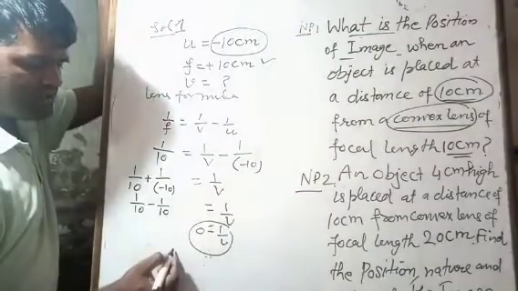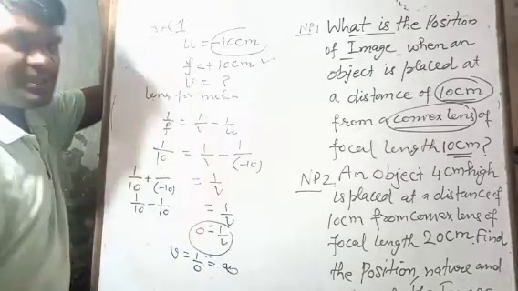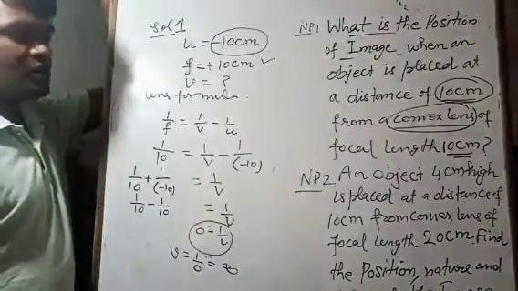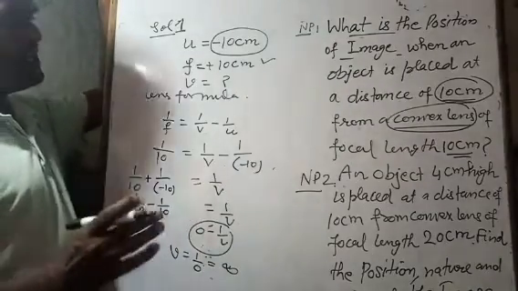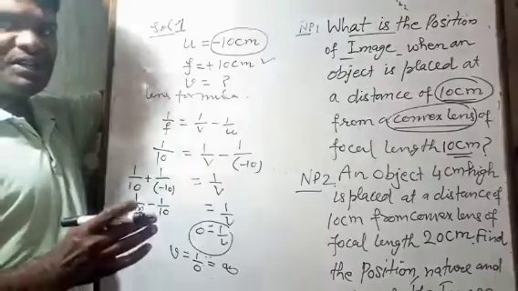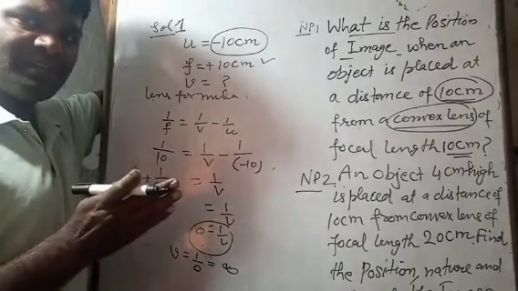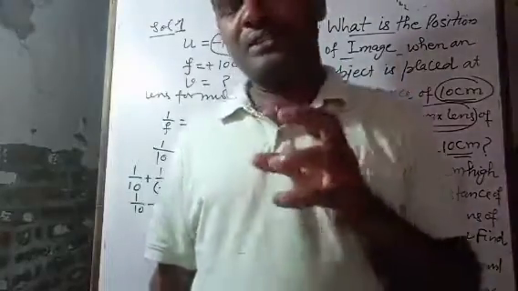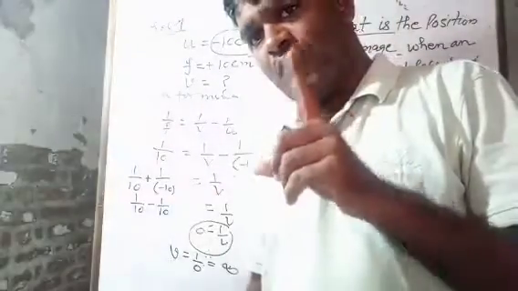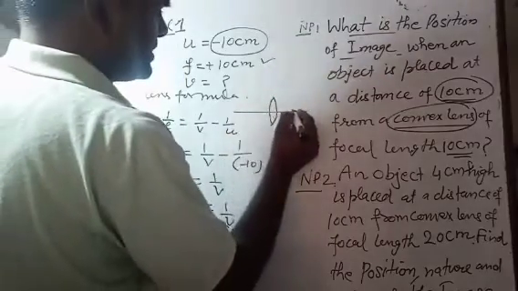If 1 by v is equal to 0, what will be v? It will be 1 by 0. That means it will be at infinity. So the image will be formed at infinity when the object is placed at a distance of 10 centimeter. You can also conclude that the focal length of that convex lens was given as 10 centimeter.